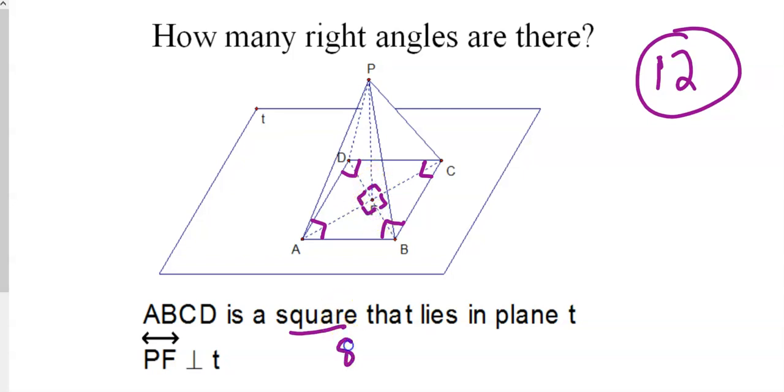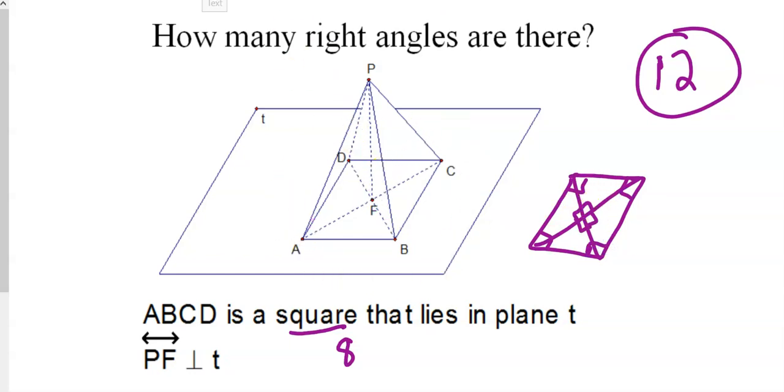So within the square, there are 8 right angles. I'm going to erase this because, again, I'm only looking inside the square. So I'm only looking at these angles that intersect at the diagonals of the square, and then these 4 corner angles. So that's where those 8 come from.